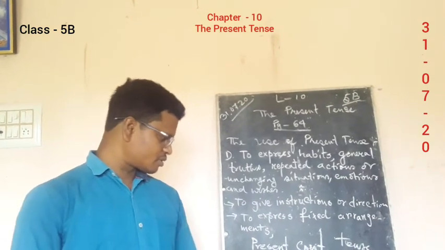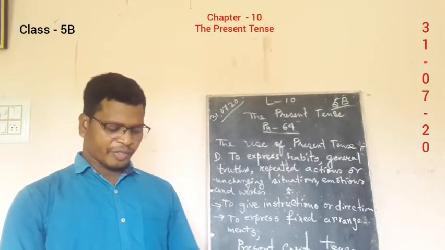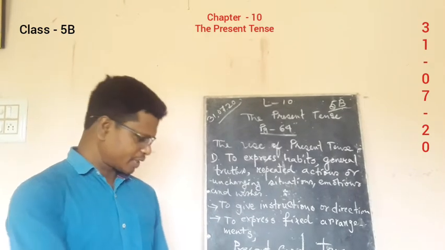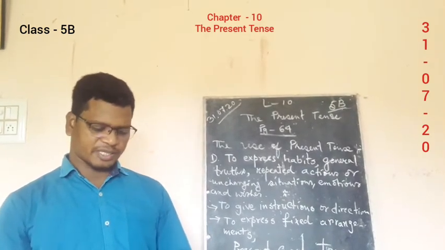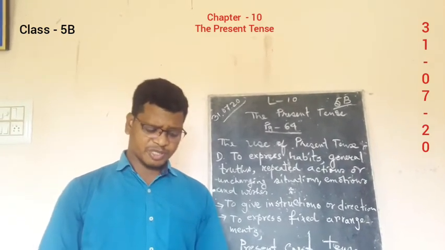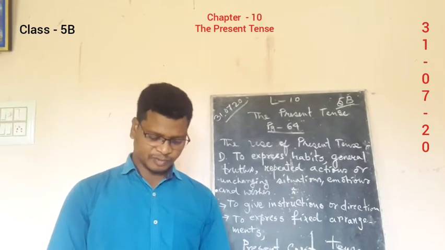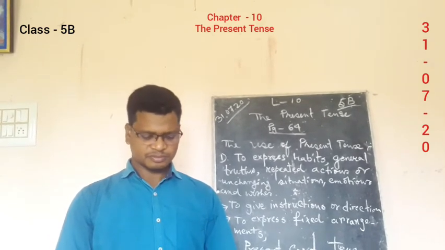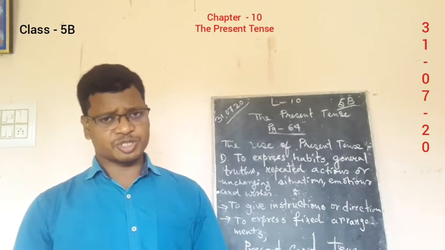As I have already written here, it is used for things that are happening now. You can use the present continuous tense to describe immediate events taking place in the current moment.